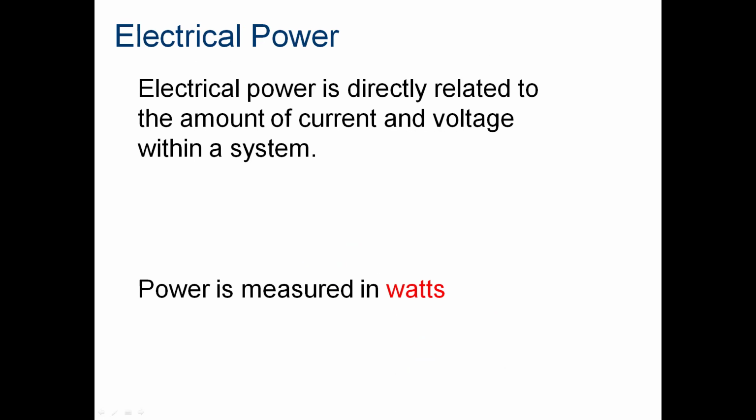Now our last topic we're briefly going to talk about is power in electricity. Power in electricity is the rate of my current flow, or my amperes, times the voltage. So voltage times current is power, and that's measured in watts. Now that's volt-amps.